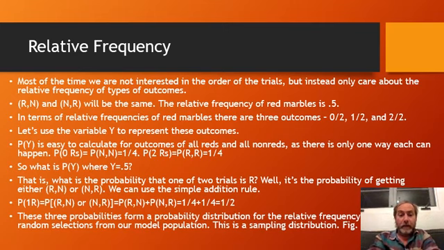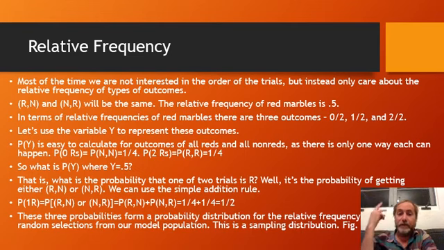And for this, we can use the simple addition rule, because again, those are exclusive outcomes. So the probability of getting 1 R equals the probability of getting the sequence Rn or the sequence Nr, and that equals the sum of the probability of Rn and the probability of Nr, which is 1/4 plus 1/4, 1/2, right?